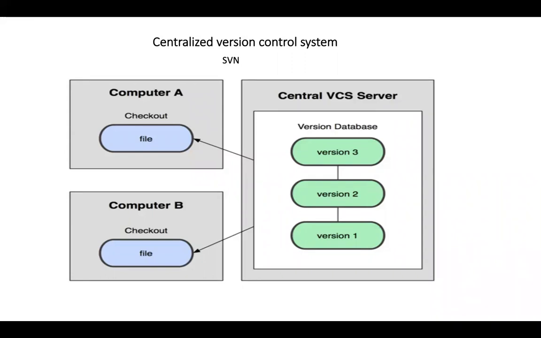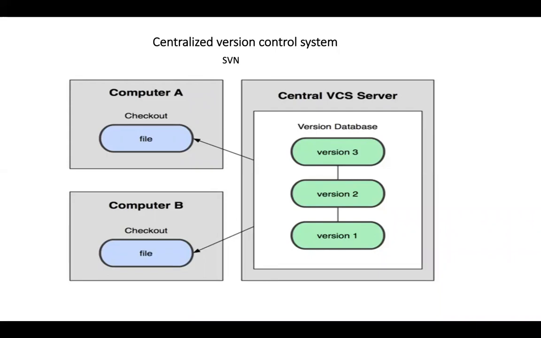The idea of centralized version control system is that there is a central server where we put our source code, and all the team members need to connect to that server to get the updated code, and when they have changes on their machine they will modify it and push their changes again to the central server.